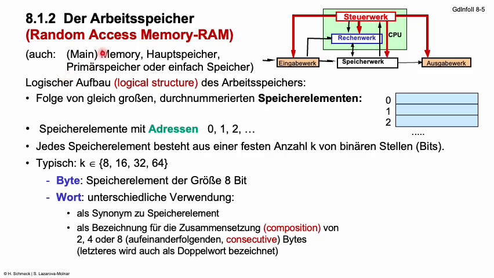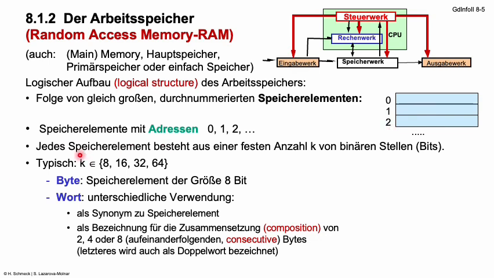Now we will go into more detail on all the elements in the von Neumann architecture, and we start with the random access memory, also known as main memory or primary memory. The logical structure of this main memory is a sequence of equally sized enumerated memory elements, and each of them has an address so that it can be directly accessed.